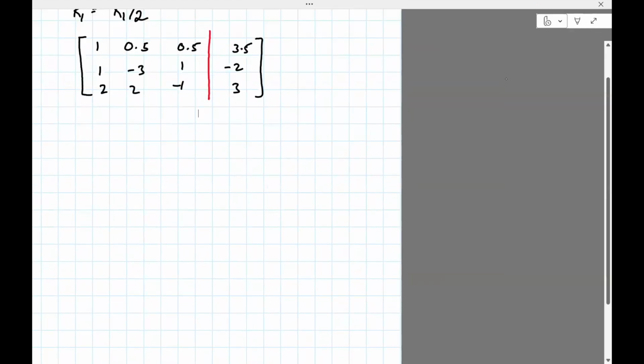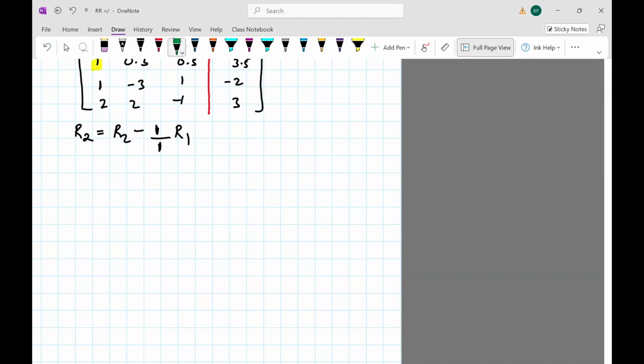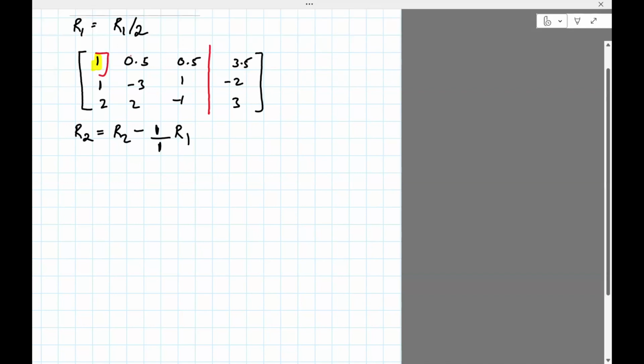Okay, now we're in a good shape to reduce everything below the pivot to 0, as everything below that 1 should be 0. So we can see that can be done as follows. We do row 2 equals the old row 2 minus, it's the same thing as Gauss elimination, 1 divided by the pivot times this 1 times row 1. This 1 always goes here.